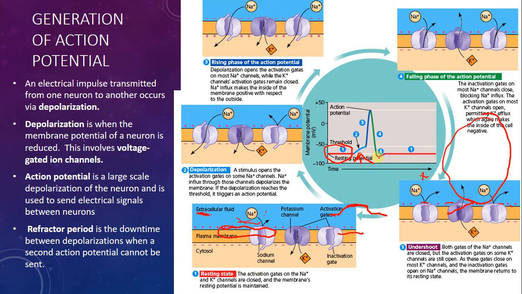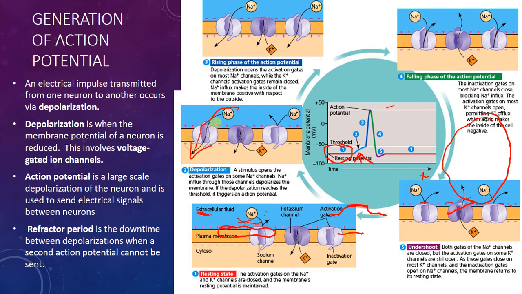2. The neuron is stimulated. Depolarization. A stimulus from maybe the axon terminal, the neurotransmitters from a presynaptic neuron, causes a depolarization. So stimulation opens and activates the gated sodium ion channels, and sodium ions start to come into the cell.